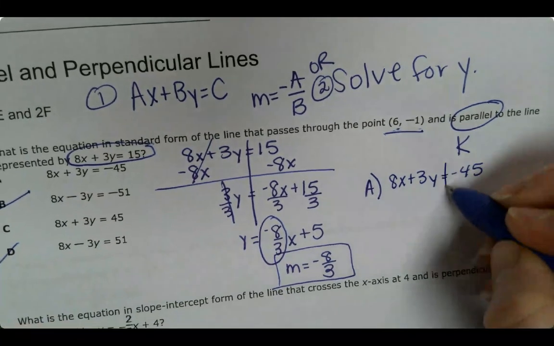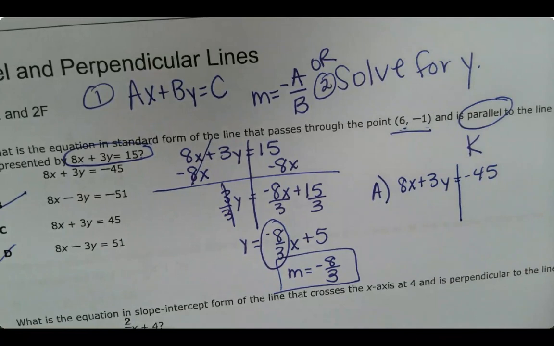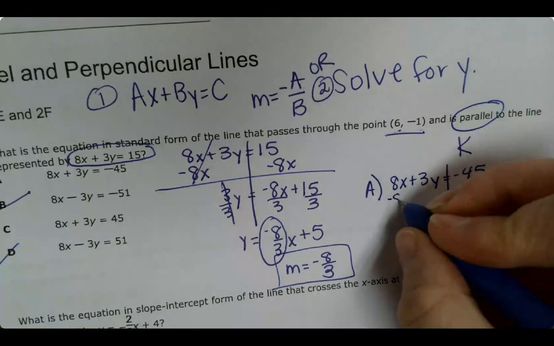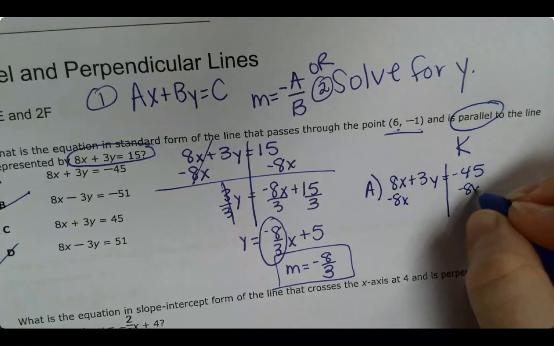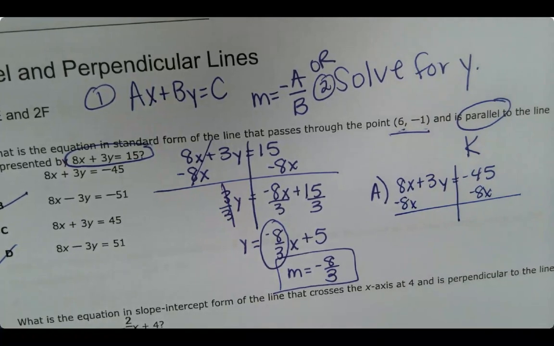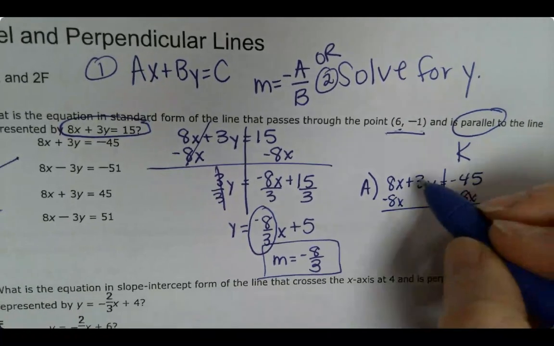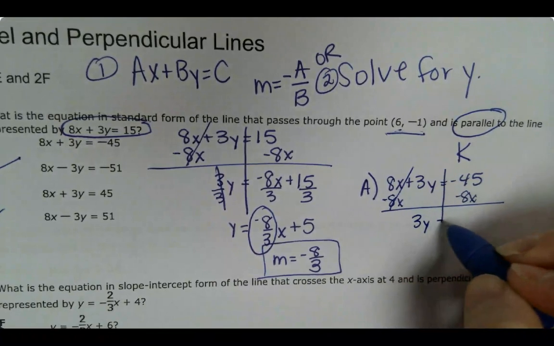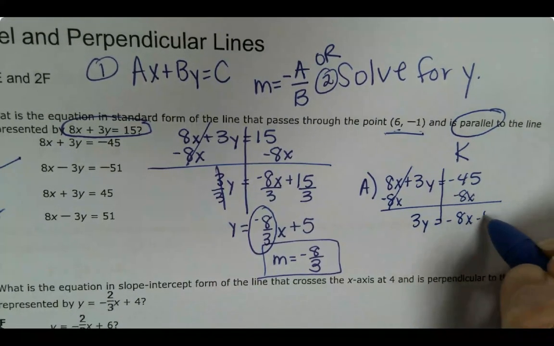So we want to solve this so that way we can put it into y equals in the calculator. Negative 8x. Three y equals negative 8x minus 45.